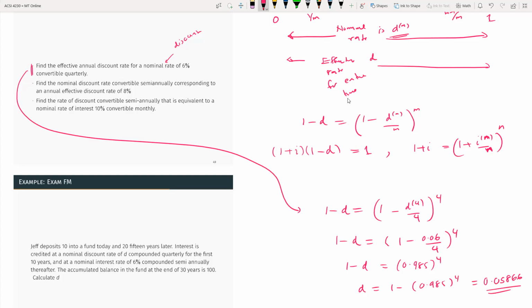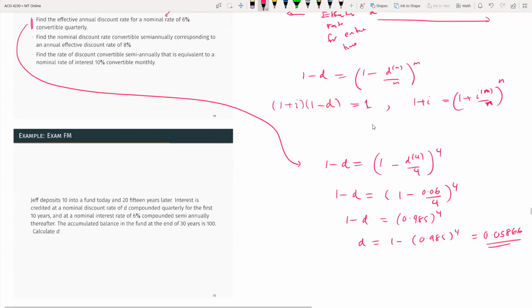So the next one asks: find the nominal discount rate convertible semi-annually corresponding to the annual effective discount rate of 8%. So you go the other way. Now you have D to be 8%. So 1 minus D equals, they're asking D^(2), because it's semi-annual, so (1 minus D^(2)/2) squared. It's 1 minus 0.08. From here you can see 0.92.